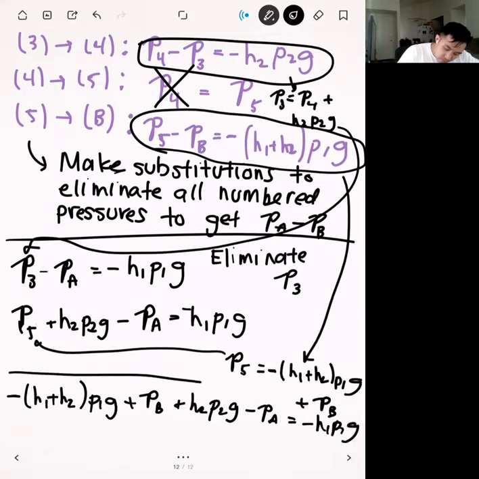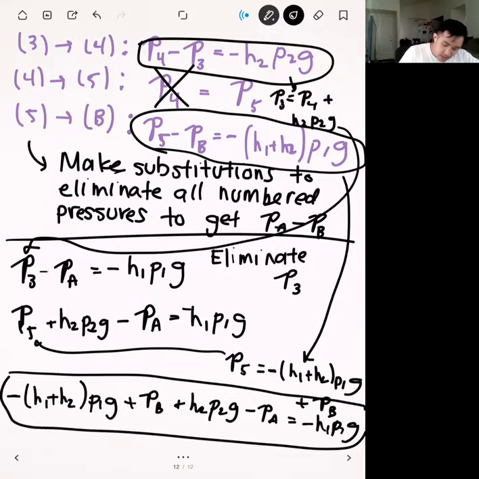And so that's the final expression that we have right there. You can simplify this a little bit. You can see that this H1 ρ1 G is going to cross out with this one, and then you get a much simpler expression. And so we can solve for PA minus PB.